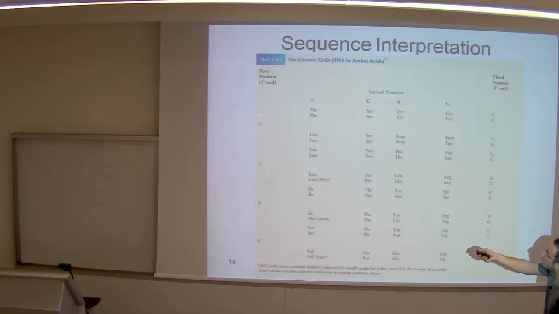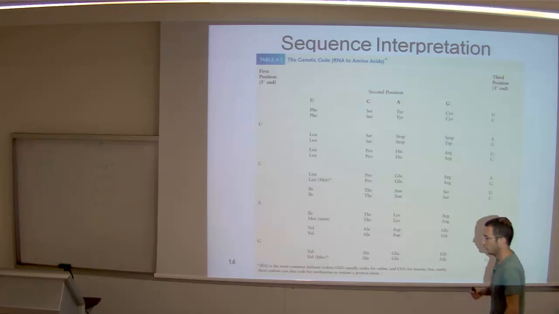So for instance, what does the codon U code for? The answer is phenylalanine. And UG leucine. So each triple code has some amino acid that it codes for. So this is what is called the genetic code.